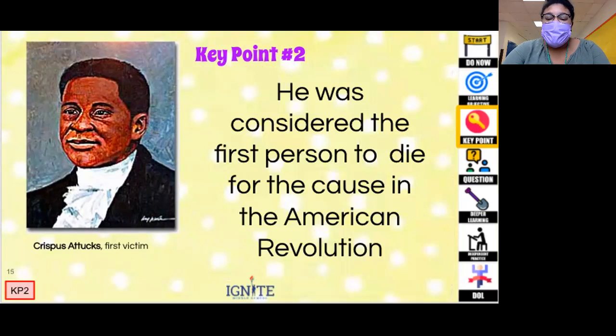So Crispus Attucks is considered the first person to die. And when I say the revolution, yes, I mean the Revolutionary War. More specifically, I'm talking about the ongoing struggle between the colonists and Great Britain for the colonists to be free from Great Britain. So he is considered the first person to die for the cause in the American Revolution.